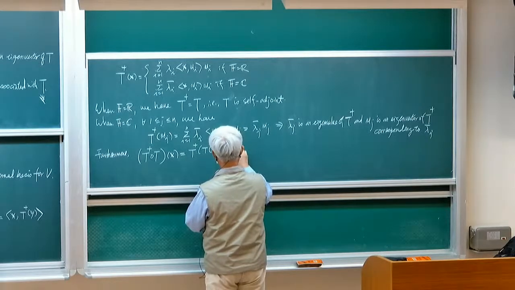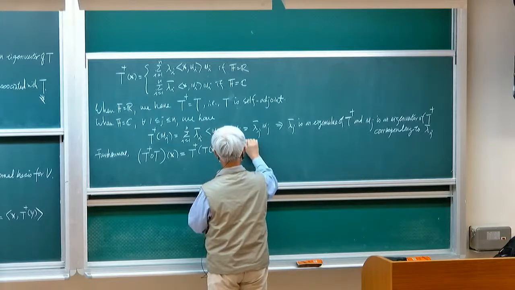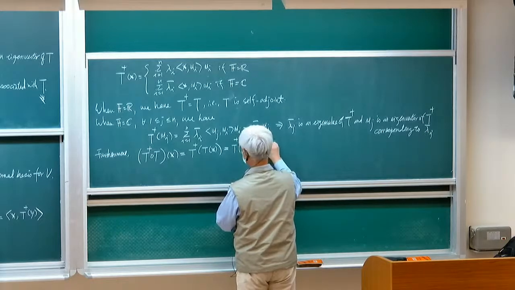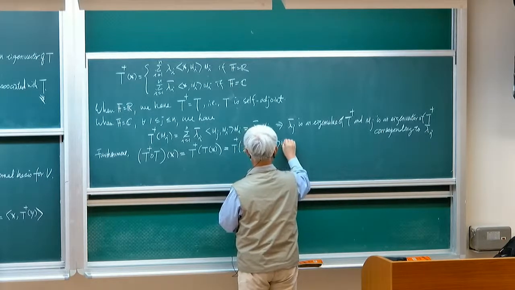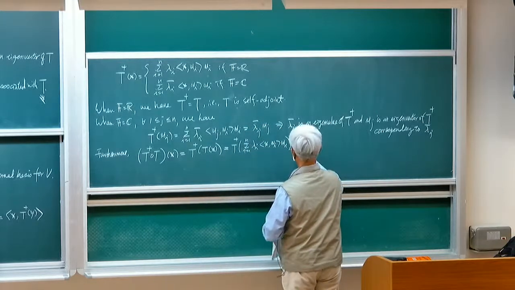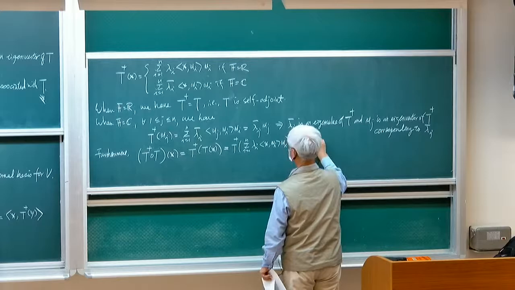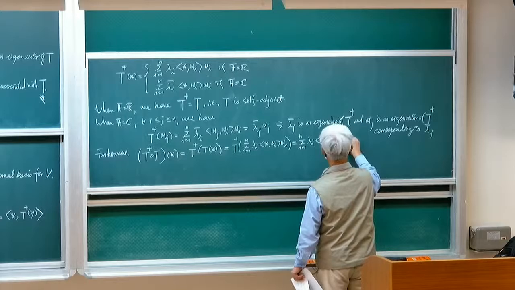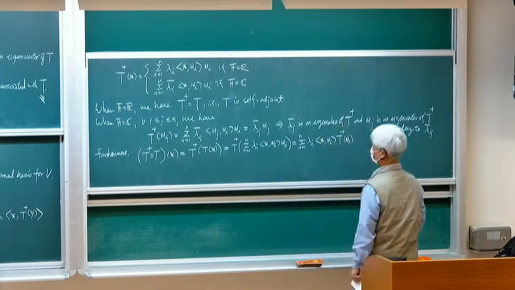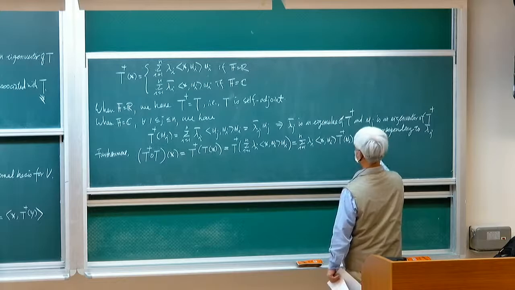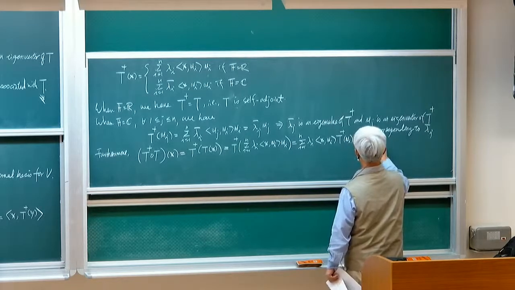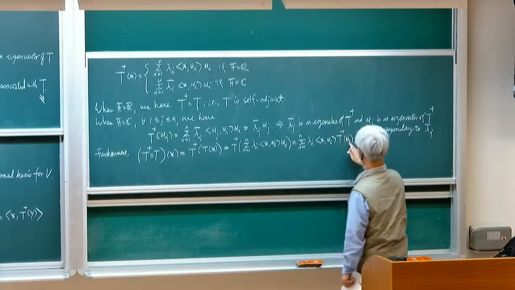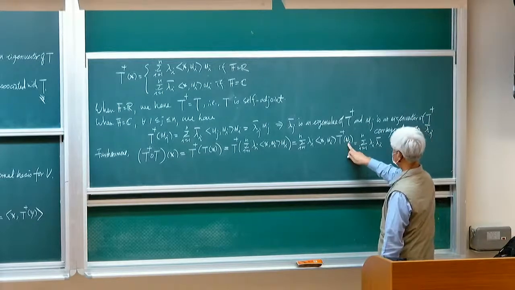Right, and so T dagger, summation of lambda I, and this one has lambda I bar, because Ui is an eigenvector of T dagger.